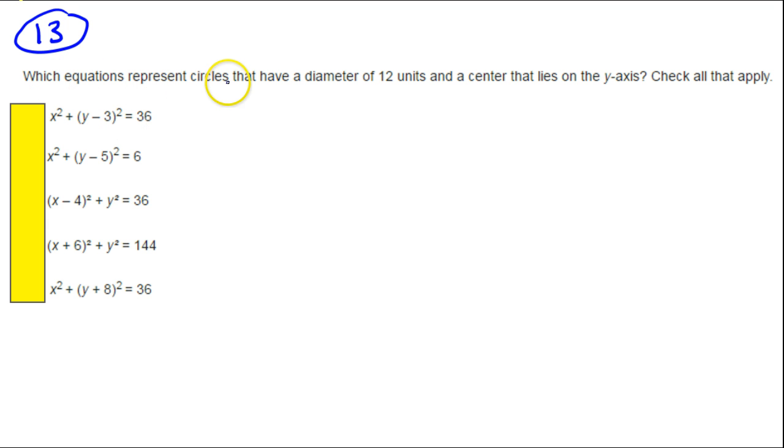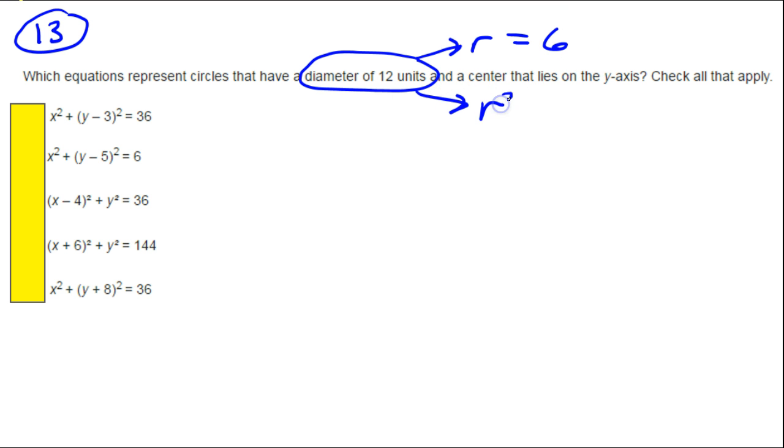Okay, which equations are circles that have a diameter of 12 and a center that lies on the y-axis? Well, diameter of 12 tells us that the radius is 6. Okay, and then that means that the radius squared will equal 36.